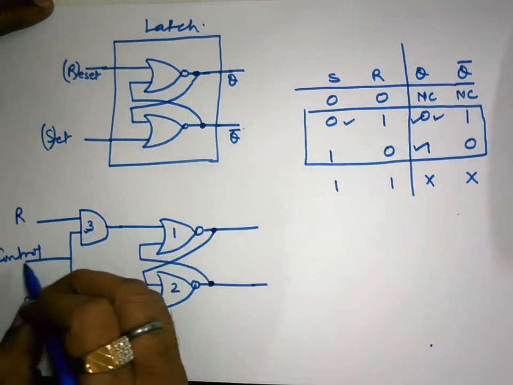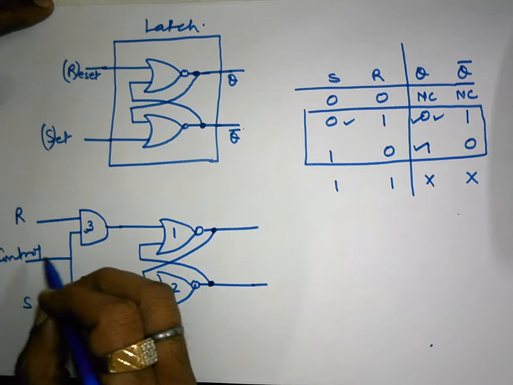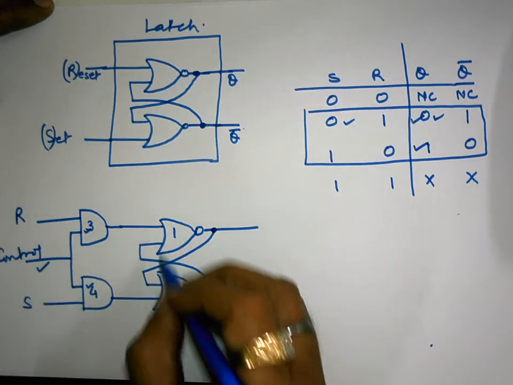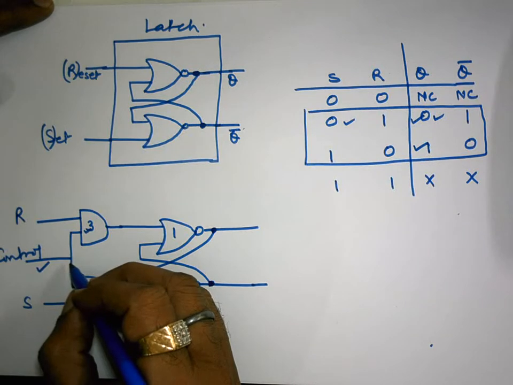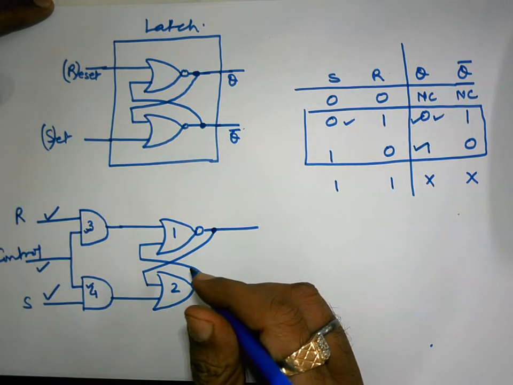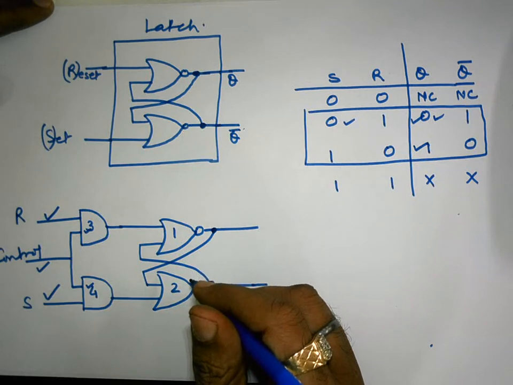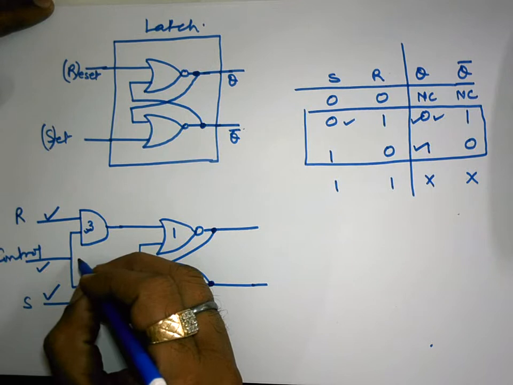Just to get rid of this undesired situation, we insert a control input. This means output can change only if this control input permits. Even if input is present, the output cannot be changed if this control does not permit.